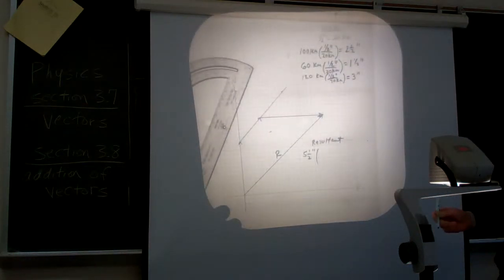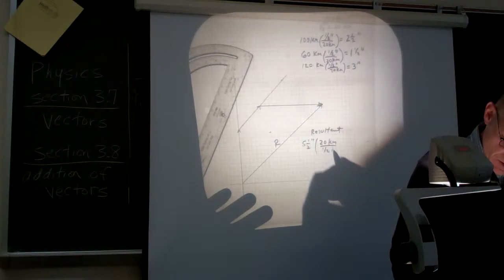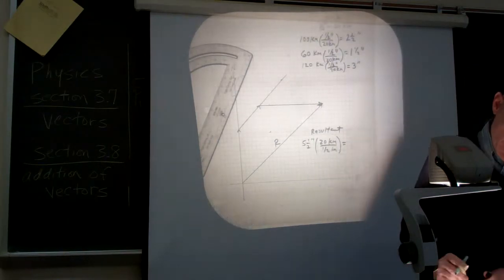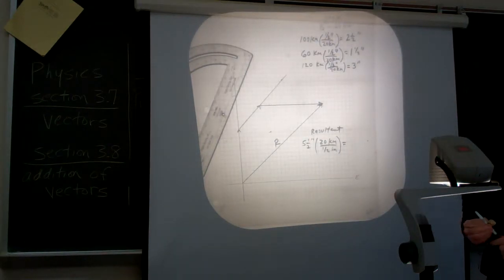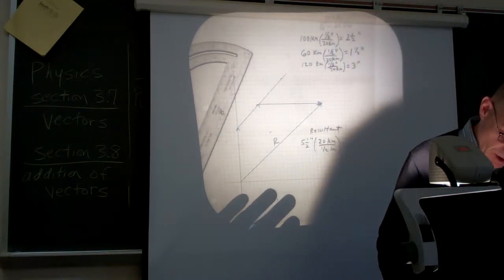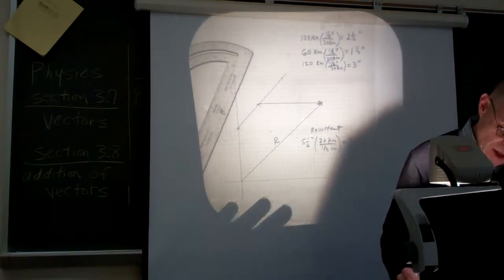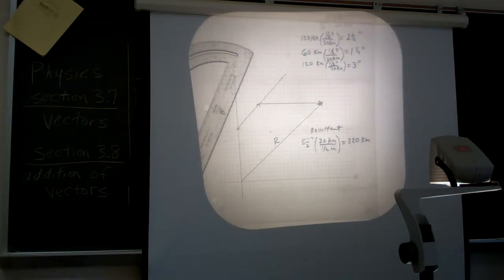So we have to now go back and use the scale, which is 20 kilometers for every half inch, and that ends up being 5.5 times 20, and then divided by a half. So that ends up being 220 kilometers.